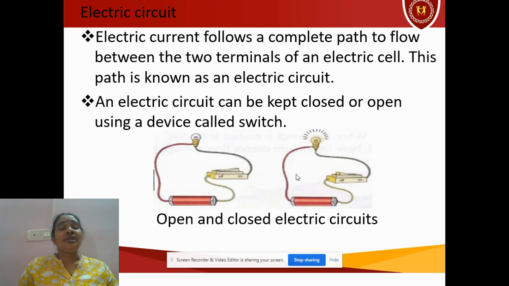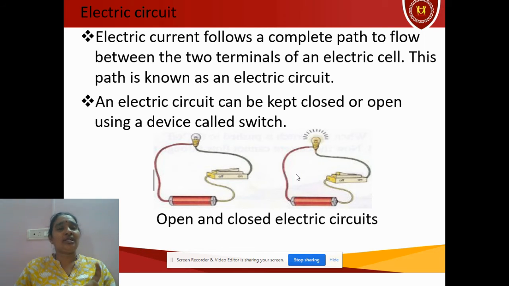Now this is the electric circuit. I will explain the electric circuit in the next video, which I will send to you, but for now I will give a small explanation. Electric current follows a complete path to flow between the two terminals of an electric cell.